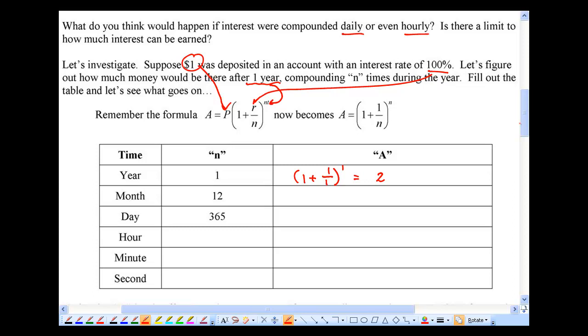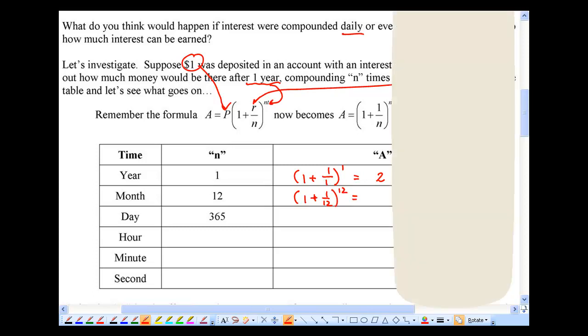Now how about 12 months? 12 months means I'm going to take that 100% interest and split it up into 12 different intervals. So 1 plus 1/12. The interest is 0.083, I think. I'm going to raise that to the power of 12.